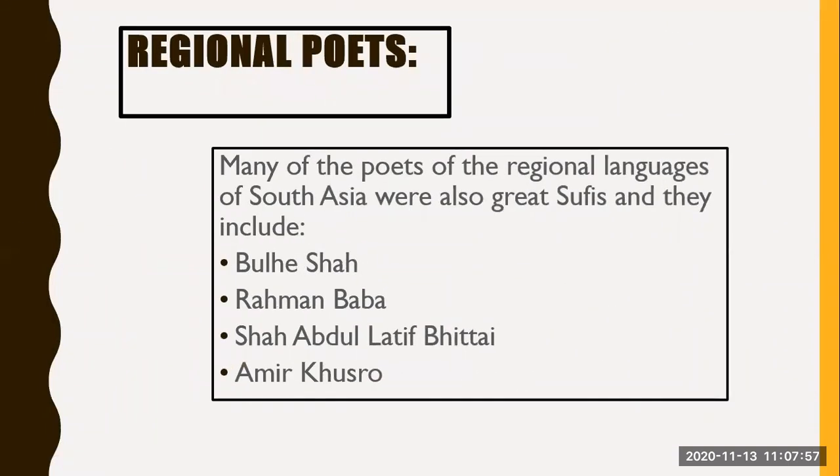There were also some regional poets. Many poets of the regional languages of South Asia were also great Sufis, and they include Bulle Shah, Rahman Baba, Shah Abdul Latif Bhai, and Amir Khusro. Shah Abdul Latif Bhai is very popular and everybody knows about him. They were regional poets as well as Sufi saints, right? They used to write poetry for the sake of Islam, and they wrote a lot of Sufi poetry.